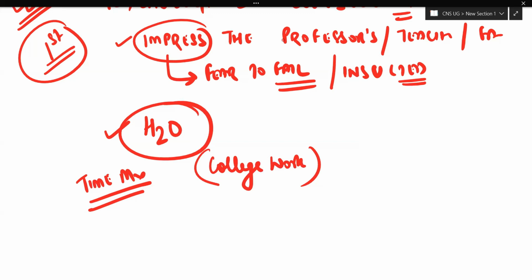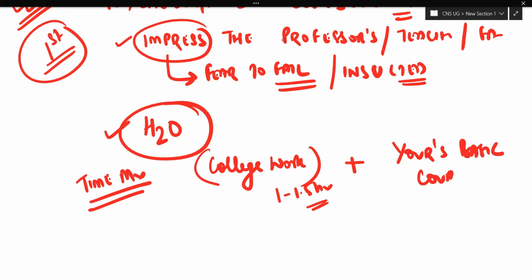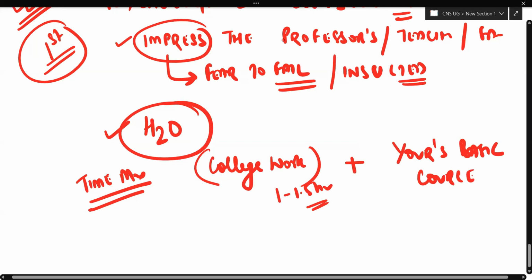That is your college work, and every day you are bound to spend 1 to 1.5 hours on it, not more than that. But the majority of the time should be based on your basic course, your basic Robbins, your basic cytology, basic slide discussions.